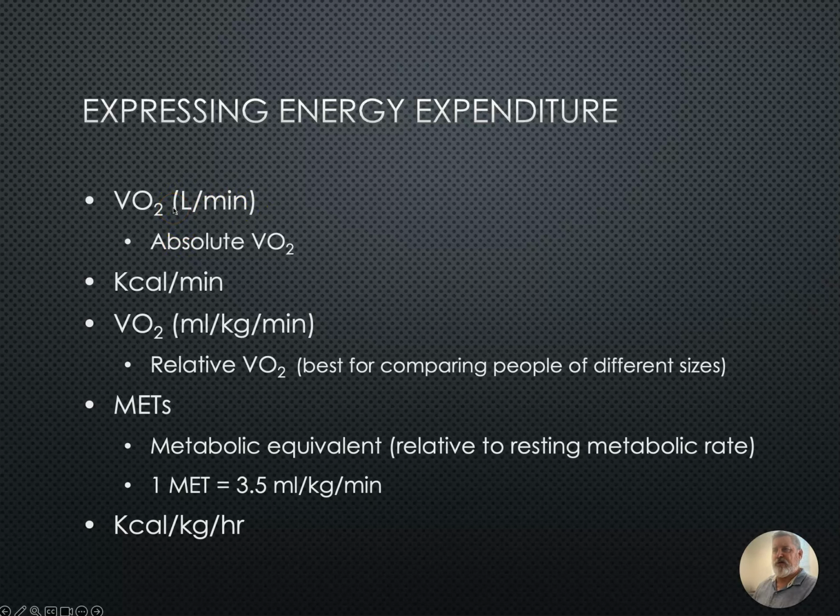My absolute VO2 is probably 5.5 or 5.2 now liters per minute. Relative simply means I divide by my body mass, which is mils of oxygen per kilogram of body mass per minute. Relative VO2 is the best for comparing people of different sizes. So if we want to look at averages and norms across populations, sometimes we use relative VO2.